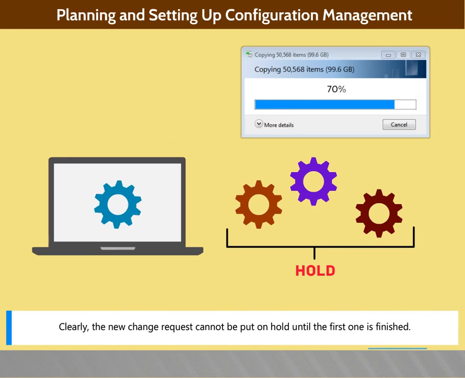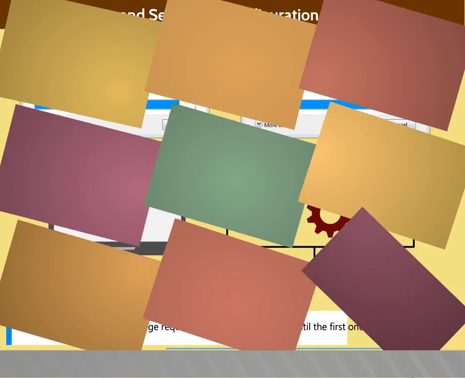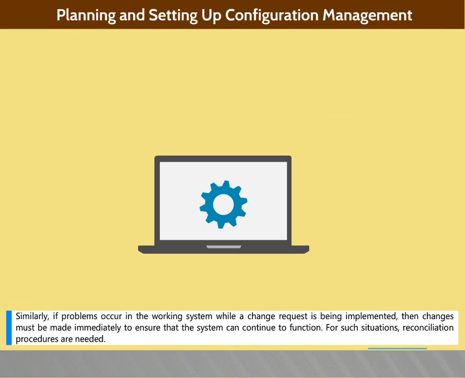Clearly, the new change request cannot be put on hold until the first one is finished. Similarly, if problems occur in the working system while a change request is being implemented, then changes must be made immediately to ensure that the system can continue to function. For such situations, reconciliation procedures are needed.